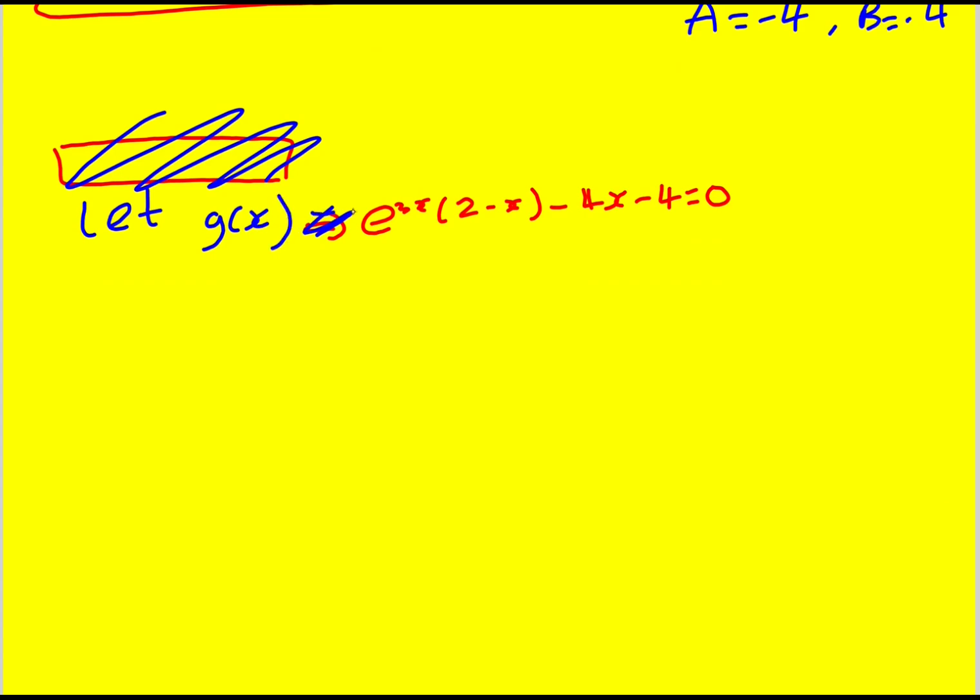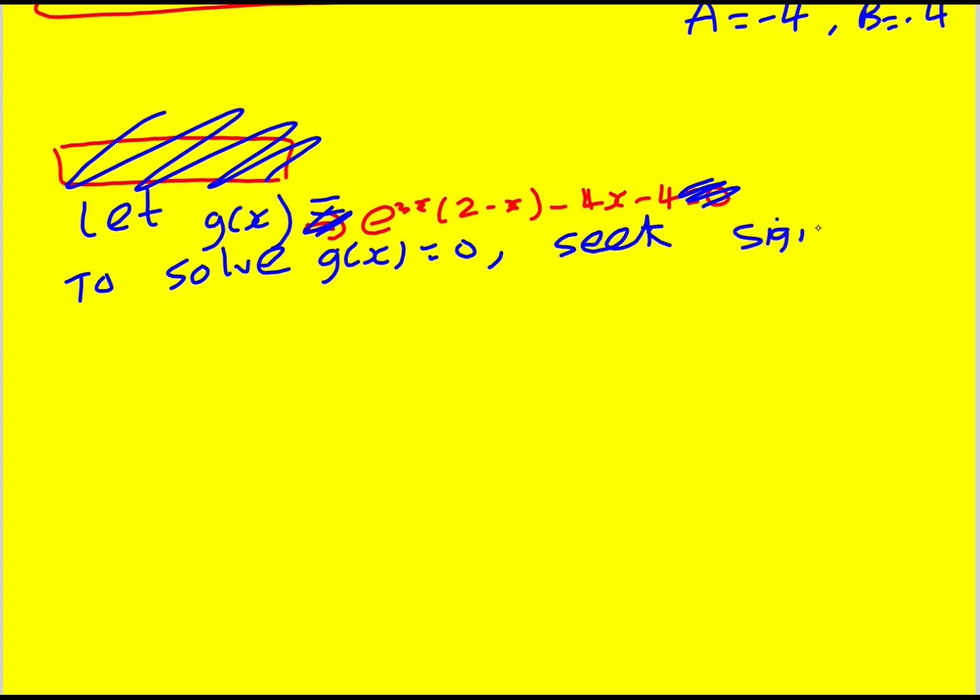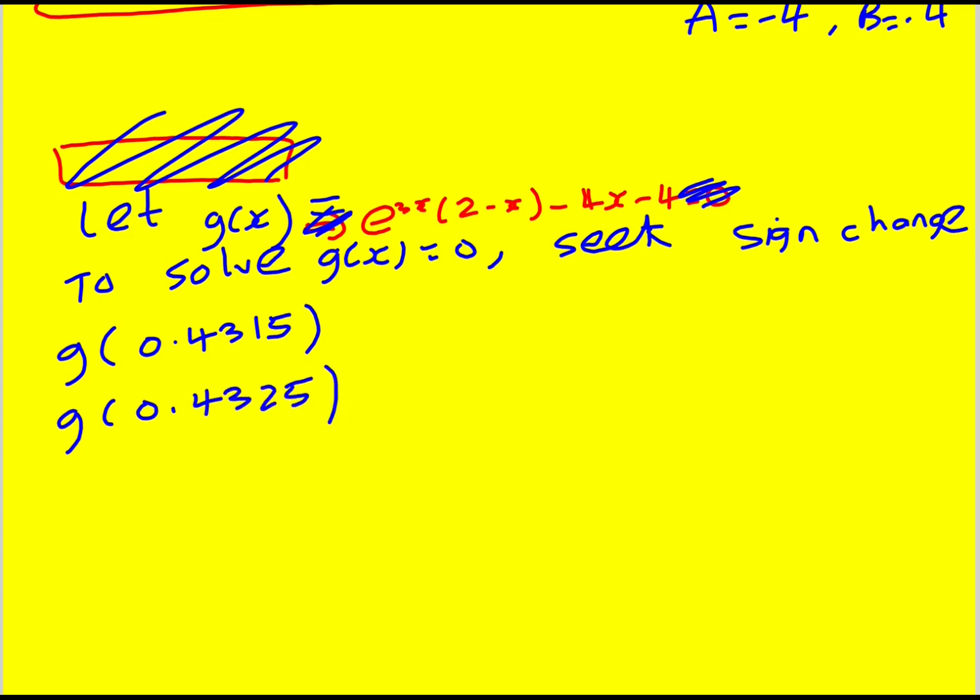So I'm going to let g of x equal this, and then I want to solve g of x equals 0, seek sign change. So g of 0.4315 and g of 0.4325. That's what we're interested in.